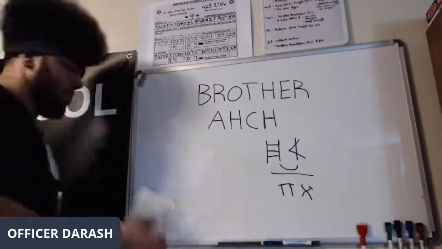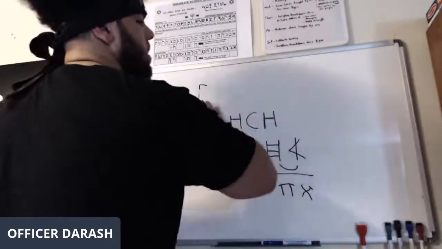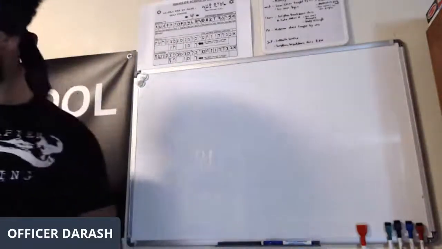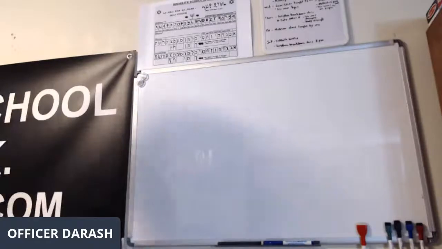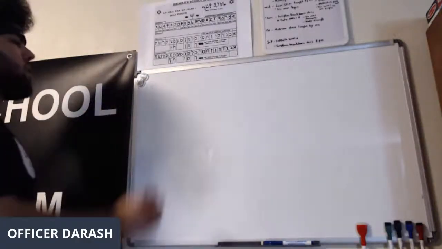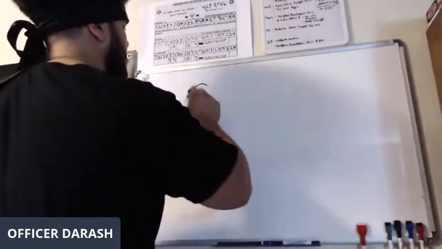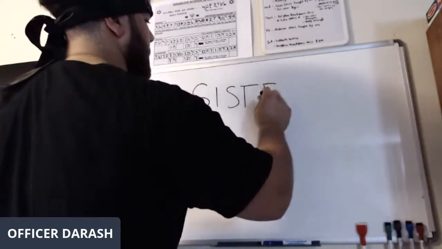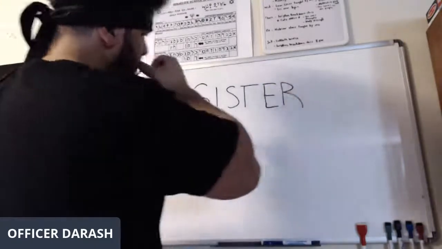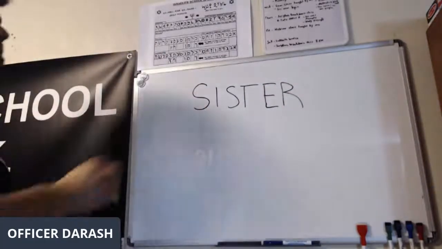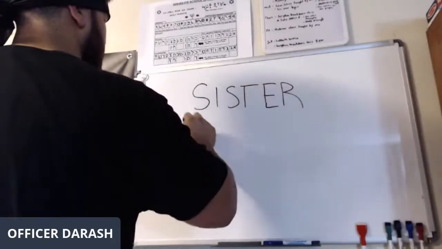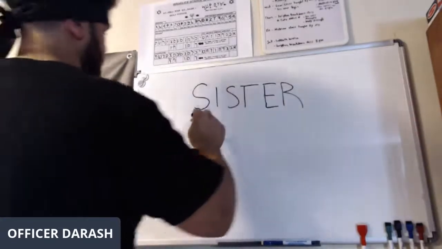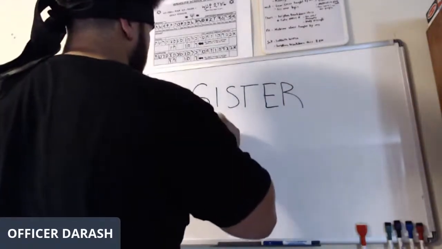Now let's do sister. Sister's a lot longer. Sister is Akwa. Akwa. So the starting of the spelling is exactly the same as Ak.